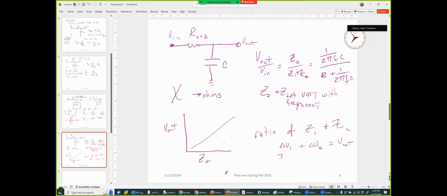So I Z1 plus I Z2 is V total. So you see that Z1 is fixed. Z2 is going to get bigger. The current's going to change, but they both have the same current. But Z2 gets bigger, so V2 has to get bigger.